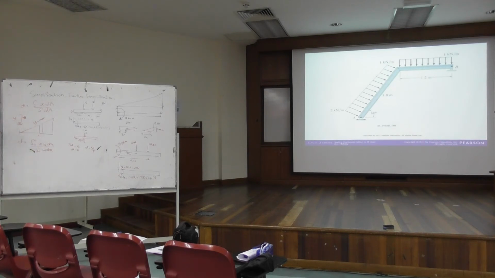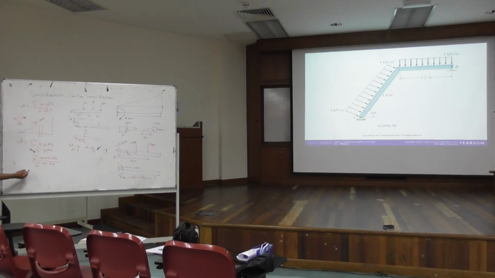But we have to insert y in terms of the function of x, right? We cannot integrate y here, we have to convert it to x, right? So in this case, okay, then we'll put m, so integration of 0 to L of x times mx dx over integration of 0 to L of mx dx.